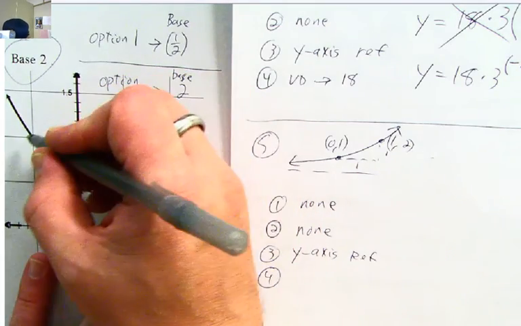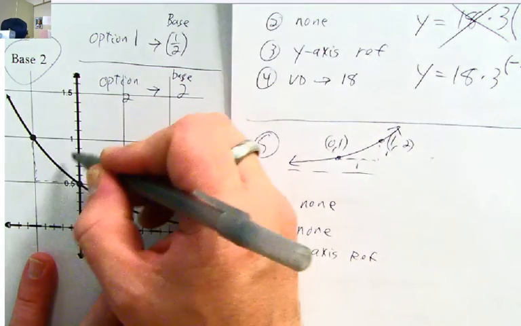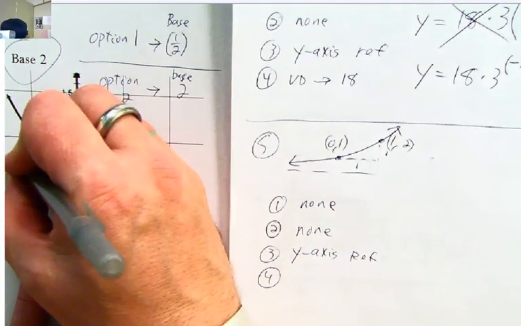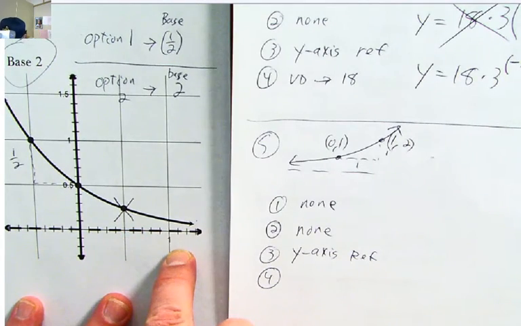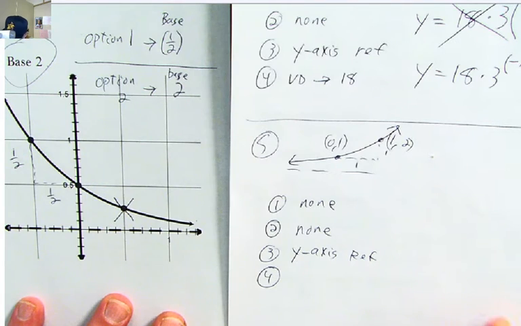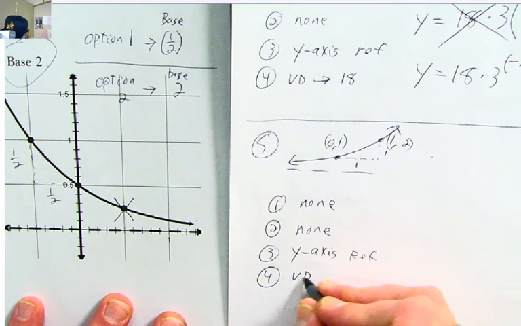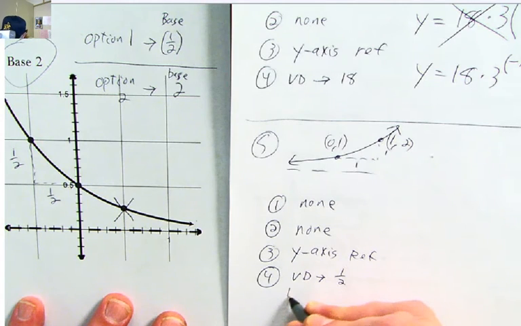In this particular case, this is a 0.5. That's at 1, so this is a distance of 1/2. And then same thing here. It's going 0 to 1, so this is also a distance of 1/2. So, oh man, vertical dilation by a factor of 1/2, horizontal dilation by a factor of 1/2.